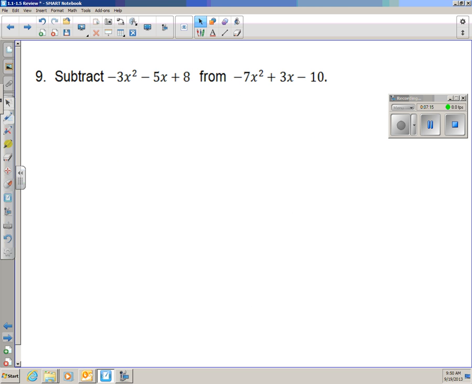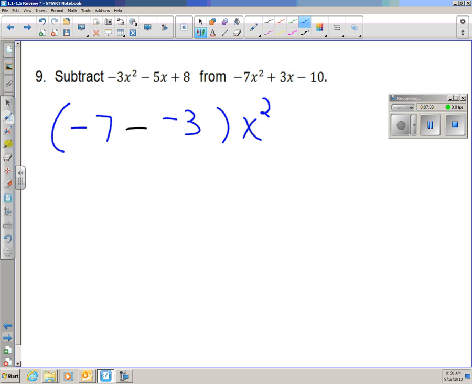Subtract that trinomial from the other trinomial. So "from" goes first. Basically, if I'm talking about x squareds, from negative 7, I need to subtract negative 3. If I talk about my x's next, from 3, I need to subtract negative 5.